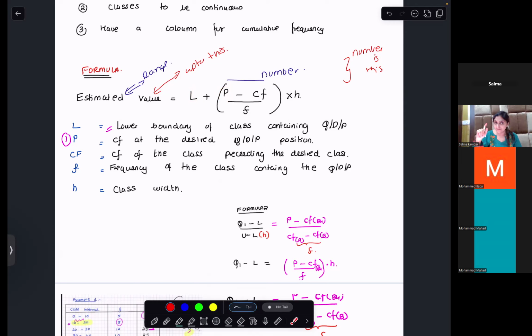Are you with me? This is the cumulative frequency of your desired quartile, decile, or percentile position. This would be the cumulative frequency of the previous class. This would be the frequency of the class of your QDP. And H would be the class width. I hope you are with me.